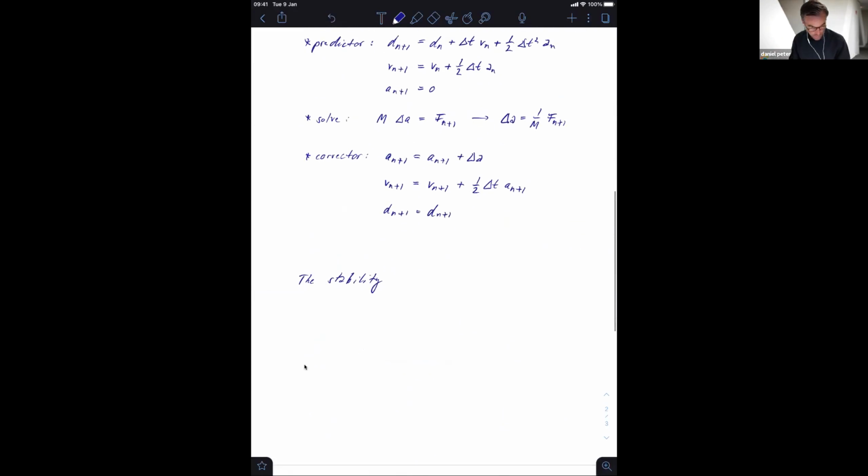And so from a practical point of view, the stability criterion that we have is that we need about 5 grid points per wavelength.